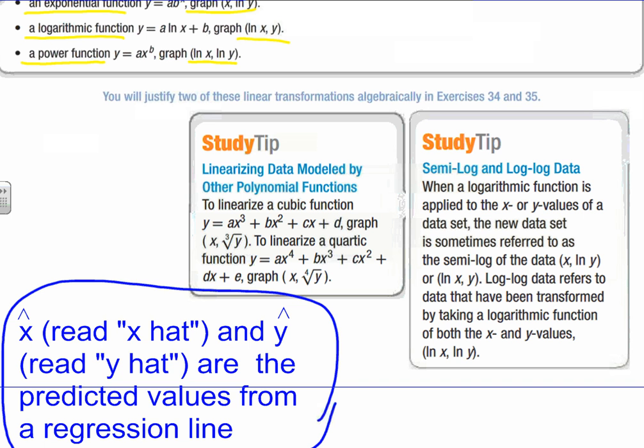So if you look at this power function, this would be x hat and y hat. But if you look at the logarithmic one, that would be x hat and just plain y. Do you agree? Because whichever one we manipulate or change is the one that gets the hat, and the other one can just stay.